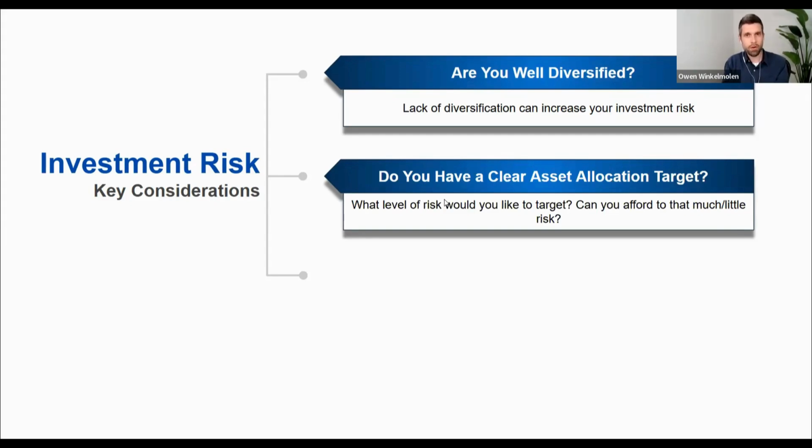You'll notice in the platform, we ask for asset allocation. That's an important piece of the success rate analysis, the variability there. We really want to understand the risk capacity, the risk tolerance, what risk level we're starting to target, willing to target, and can we afford to take on that much or that little risk within the plan?